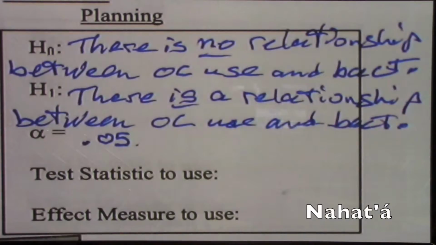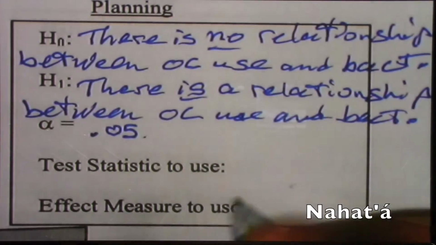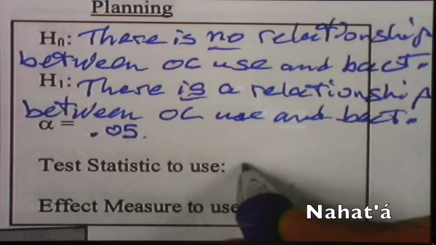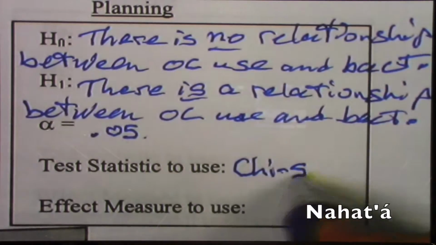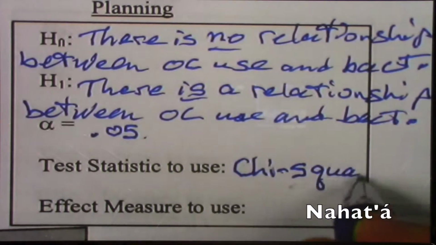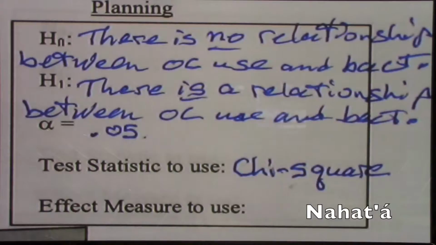The test statistic for these kinds of data is the chi-square. Chi, not chi now. Okay.